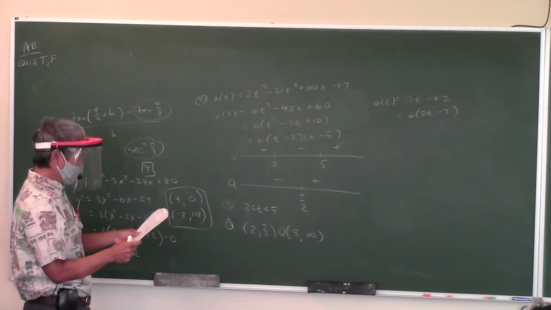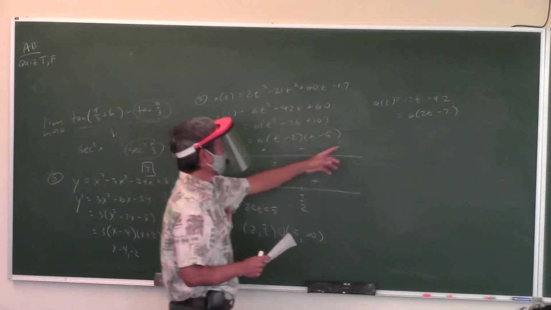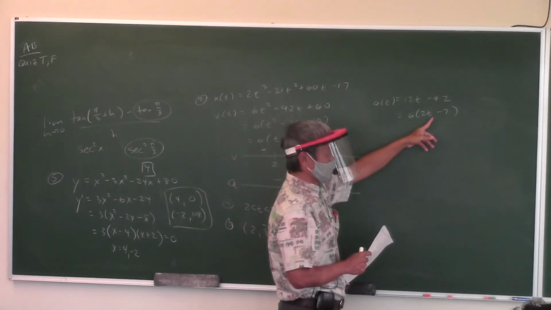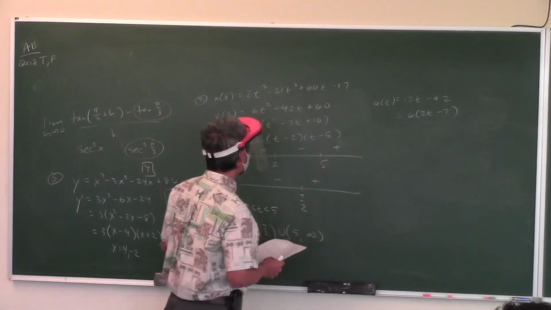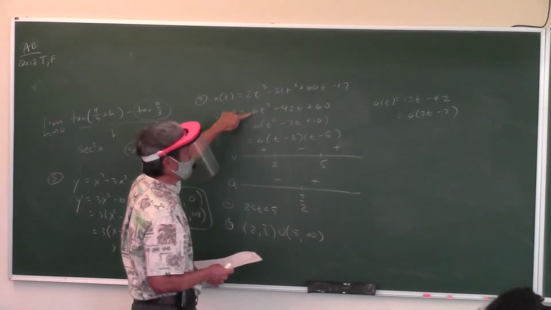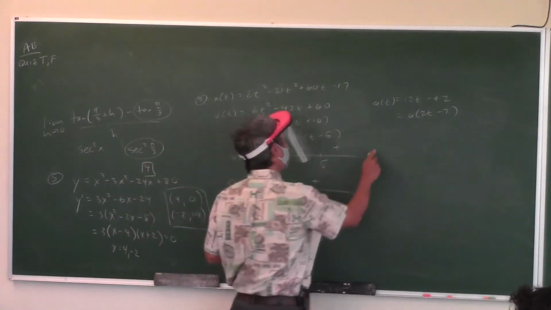Okay, find the velocity when the acceleration is 0. So here's the acceleration. What would make this 0? 7/2. So take that number and plug it into the velocity. Now, which one of these is probably the easiest? I notice a lot of people plugging into this one, but I think this one's the easiest.